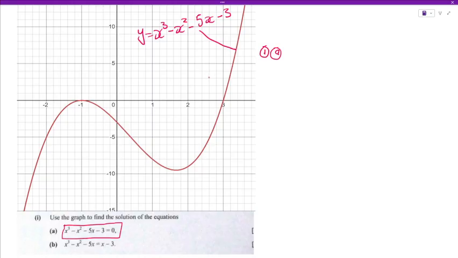Actually, there'll be a graph paper with a graph on it, and then they should provide some space for you to write your answers. So you're basically covered. So first thing first, you write the original equation of the graph, which is what we have up there. So I'm going to say y is equal to x cubed minus x squared minus 5x minus 3.